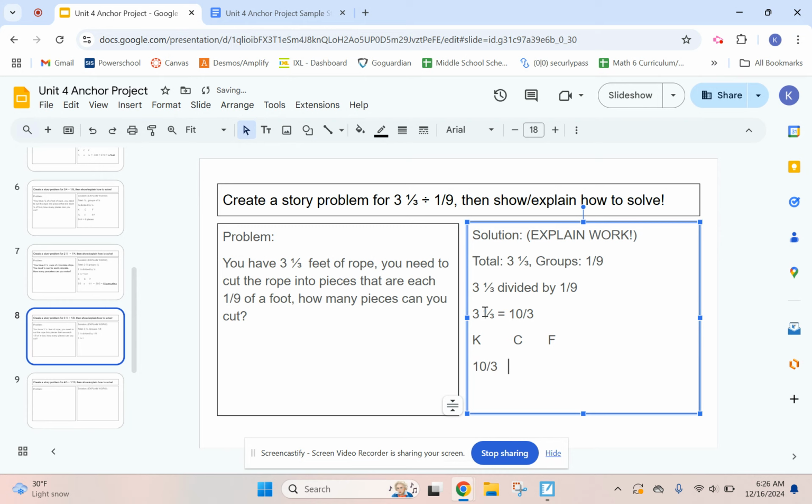Setting up my keep, change, flip: 10 over 3 times 1/9 flipped over would be 9 over 1. And that would be 10 times 9 is 90. Now multiply the bottoms. 3 times 1 is 3. 90 over 3 gives us 30 pieces.